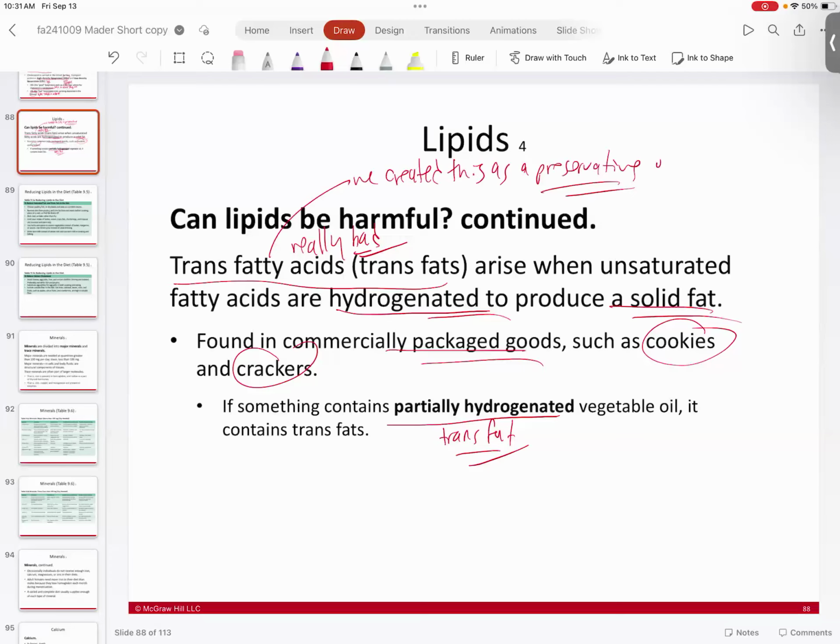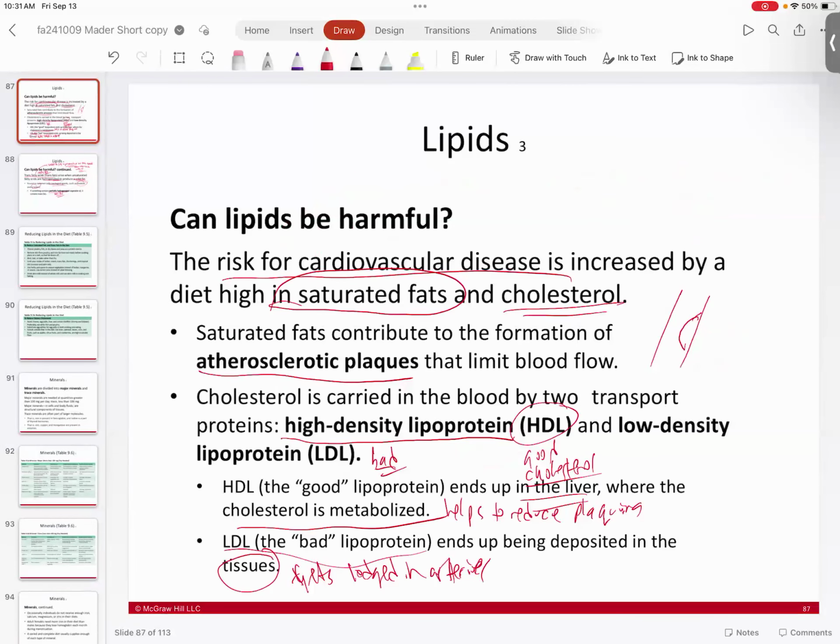And as a result, our body doesn't know what to do with it, and it tends to stick in our body. If you take a look at saturated versus unsaturated fats, and at LDL and HDL, saturated fats will increase your LDL.